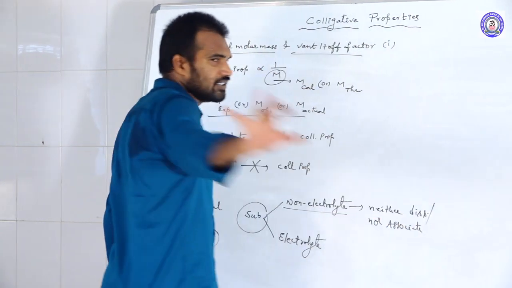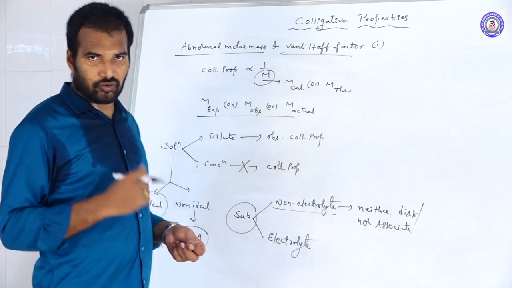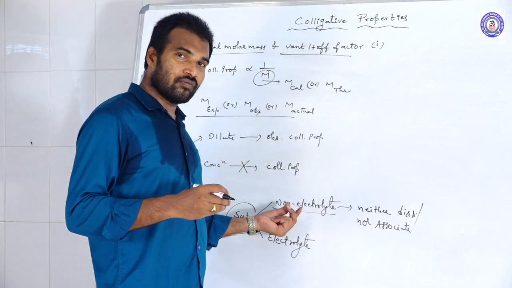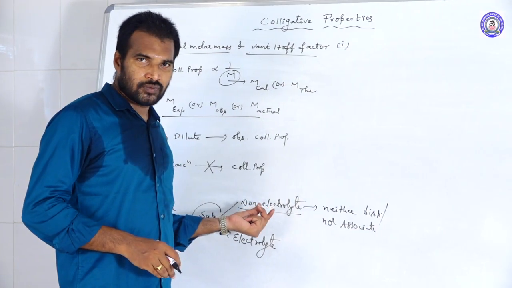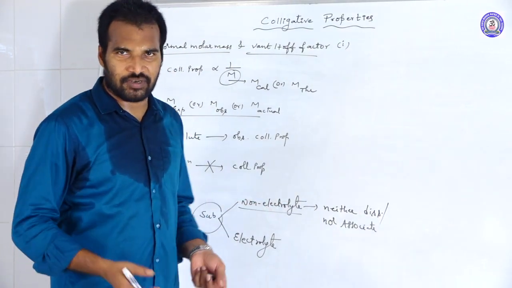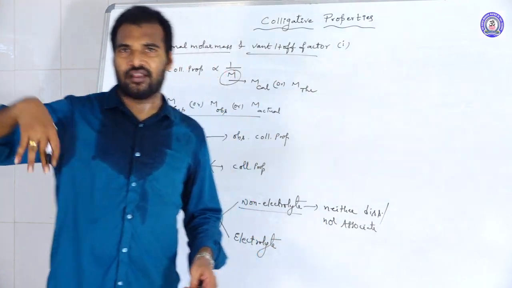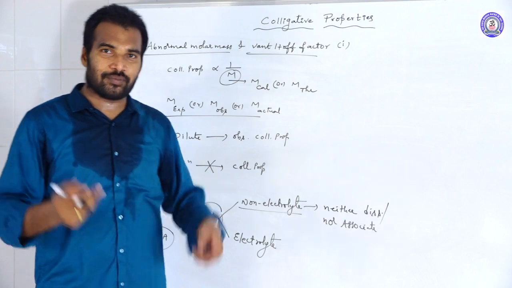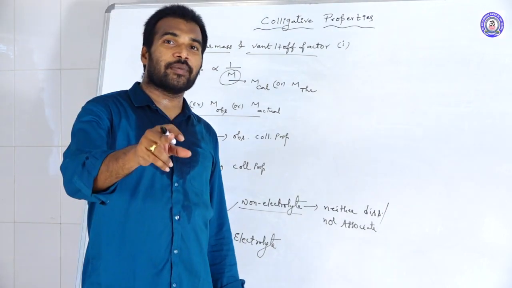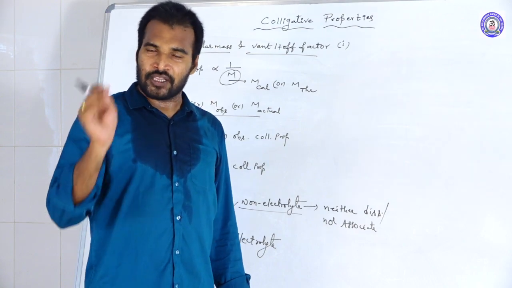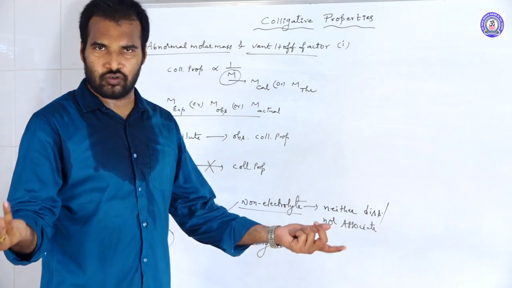They remain as they are. In a solution prepared with non-electrolytes, the number of particles remains the same before and after dissolution. If the number of particles remains the same, the colligative properties remain the same. Is there any change in the molecular masses? No change.